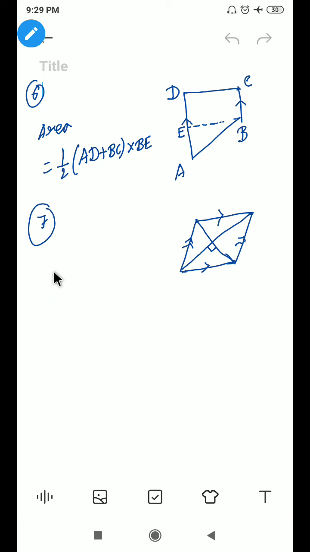This will be half into product of the diagonals. So these are our formulas. These 7 formulas you have to remember for solving the problems in this exercise. Thank you everyone.